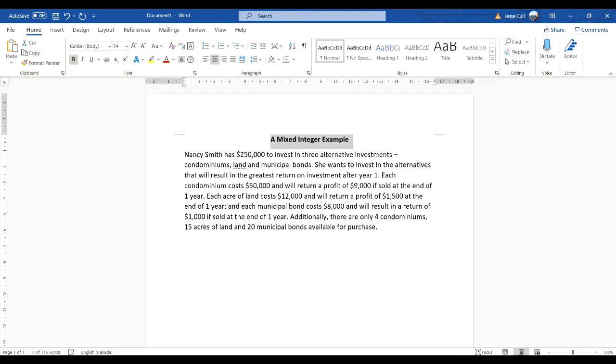In this next section, we're going to look at mixed integer examples. A mixed integer example is a combination of both total integer and 0-1 integer models. So we have both whole numbers and 0-1 results telling us if something was the correct choice or not.